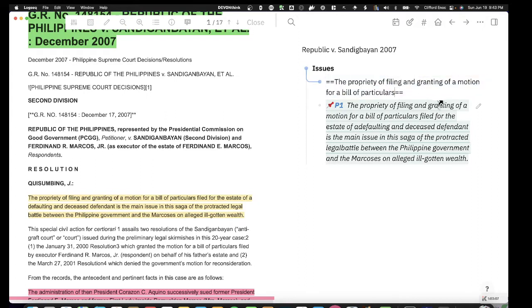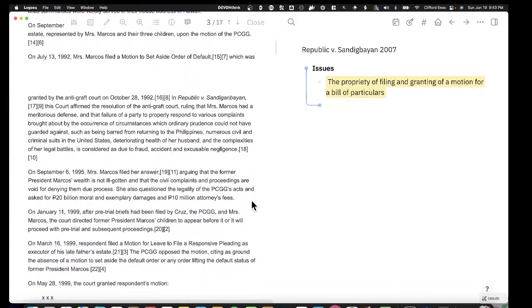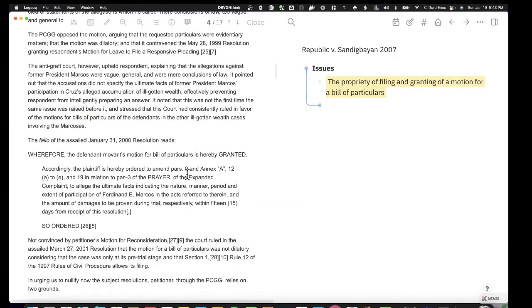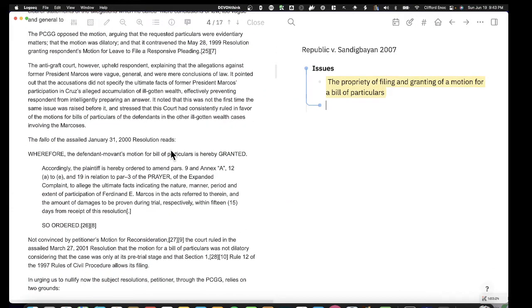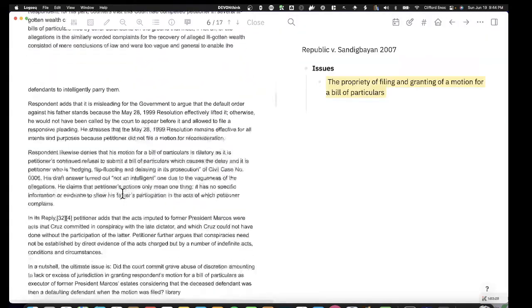So let's have that pinned, no? And then going to remove that. Bali yung main issue. And let's check, meron ditong issue. The issue in this case, yung mga ganyan.